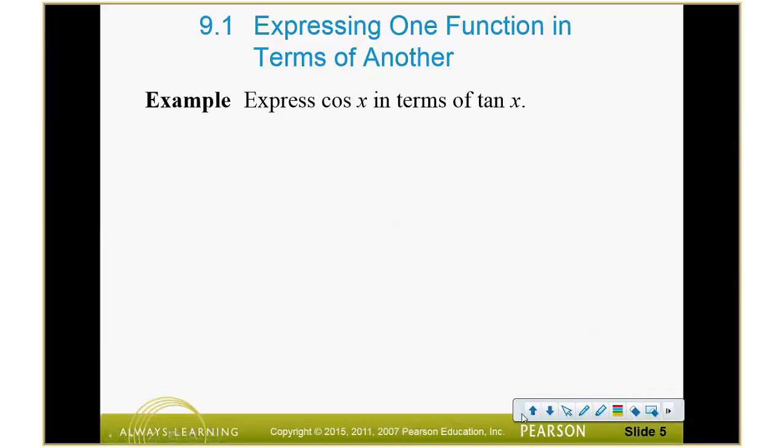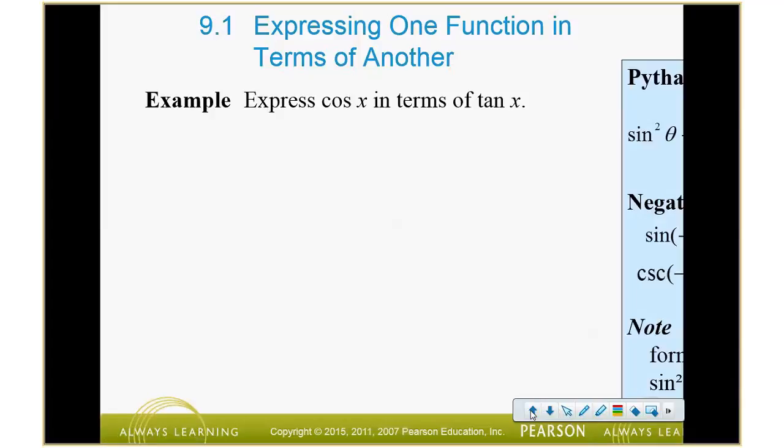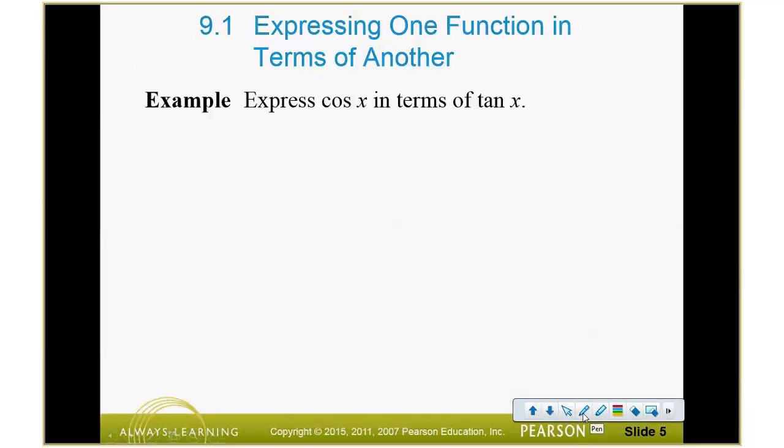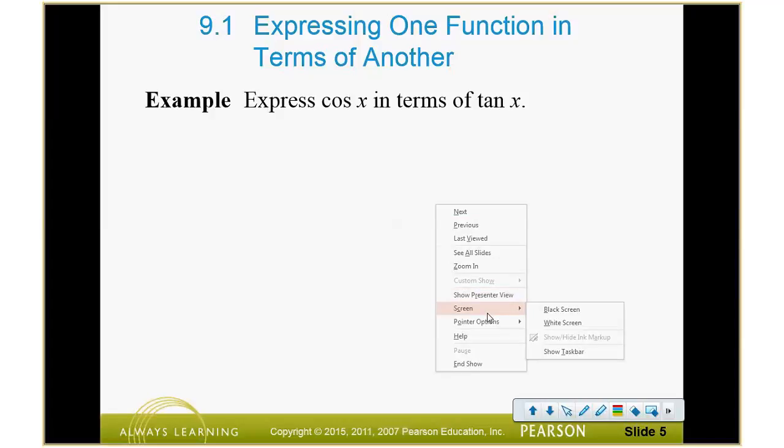I don't know if I can do that from here. No, it's transparency again.